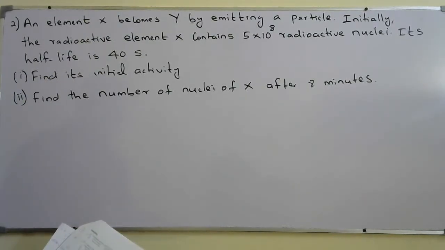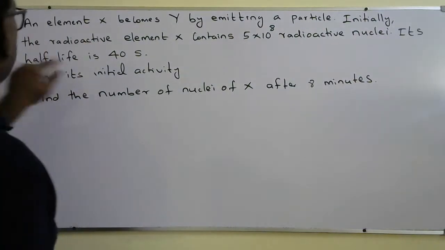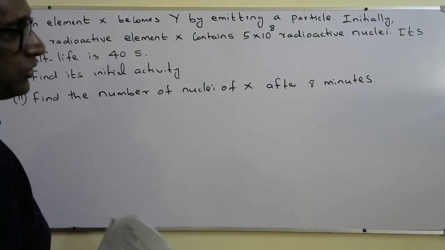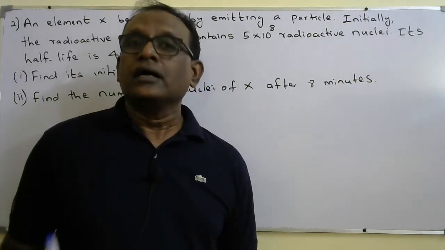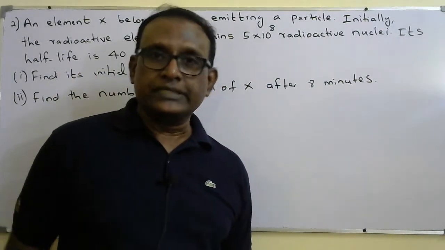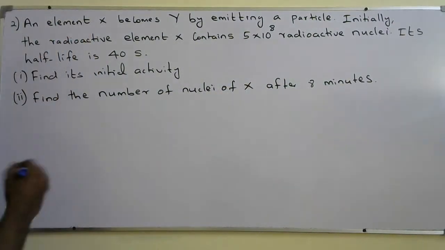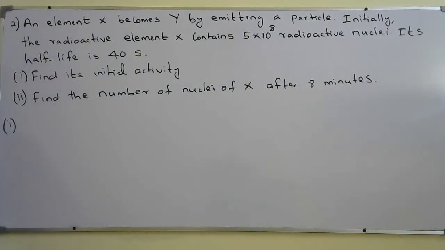Okay, so this is the second question. A radioactive element X becomes Y by emitting a particle. Initially, the radioactive element X contains 5 into 10 to the power 8 radioactive nuclei. Its half-life is given. Find its initial activity. Initial activity means I should know the decay constant lambda. A equal lambda N, where N should be the initial number of nuclei that is given here. So I need to find lambda. We'll use the equation T half equal ln2 over lambda.